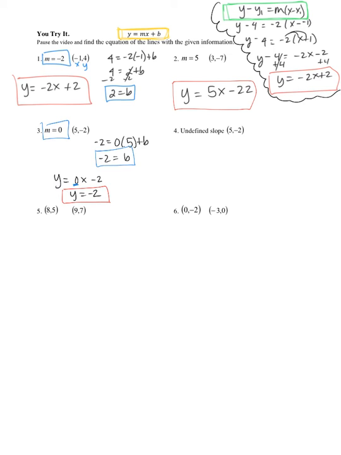Now this next one is a vertical line. And this one you can't really use y equals mx plus b, so let me just show it to you. Here, this is saying the slope is undefined. Okay, so this goes like this. It goes through this point 5, 1, 2, 3, 4, 5, negative 2. And a slope that's undefined is vertical. All right, so it looks like this.